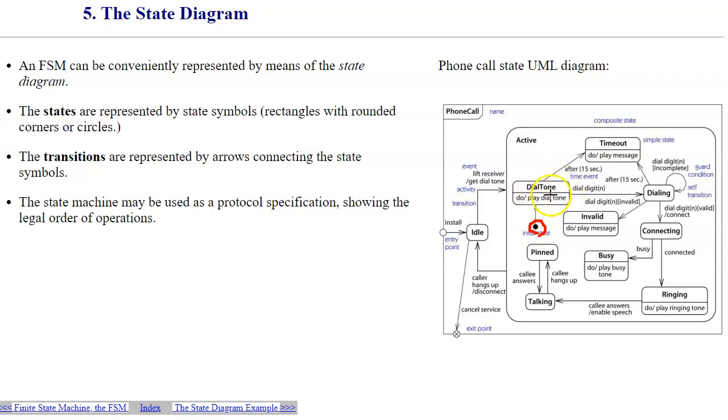From the dial tone we normally transition to dialing, then connecting, then ringing, then talking. So these are all the state transitions and states put inside individual bubbles. Altogether, this is an example of a state diagram with events that trigger state transitions and with specific transitions that explain how we transition from one state to another.